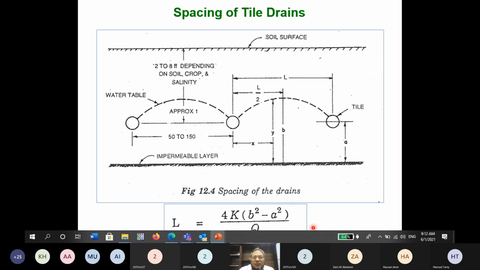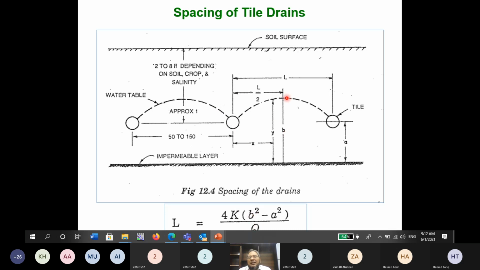But anyway, the simplified equation to compute the spacing of the tile drainage is given as L squared = 4K(B² − A²)/Q, where Q is the discharging capacity of these tile drains, and K is the hydraulic conductivity of this porous material.